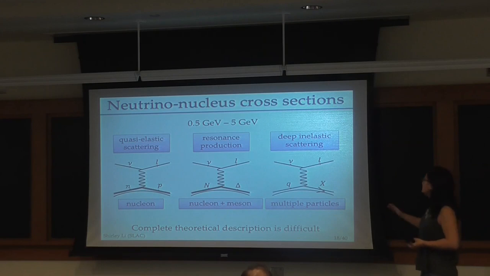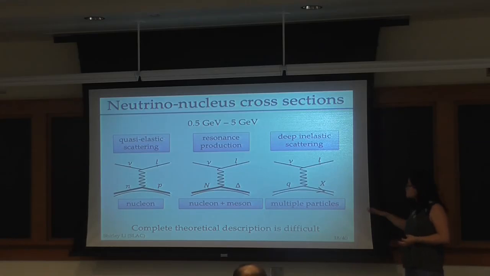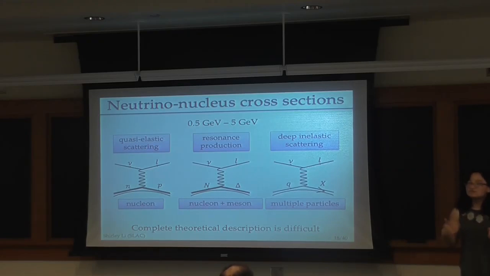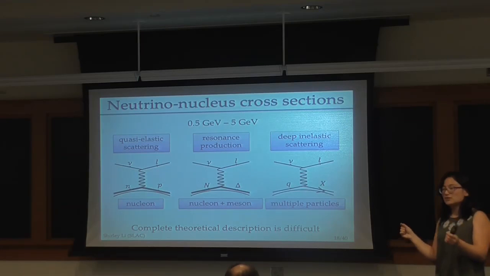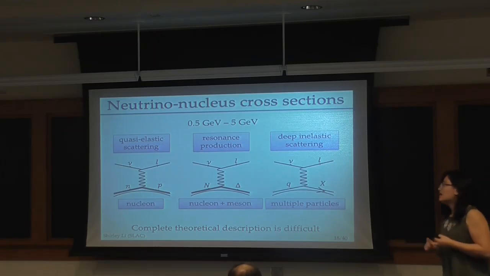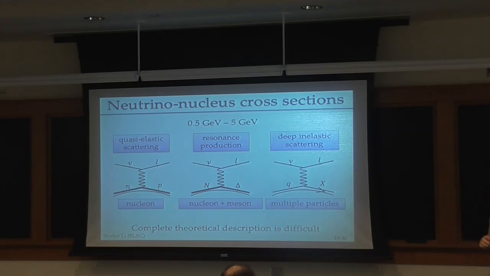But it's actually not. In neutrino experiments, we're barely there, so people say that we should call it shallow inelastic scattering. But in any case, even if you don't compute these processes, it should be easy to see that you're exactly sitting in the transition region between nuclear degrees of freedom and particle degrees of freedom. And transitioning between EFTs is always difficult.